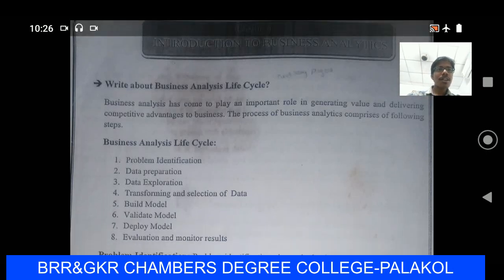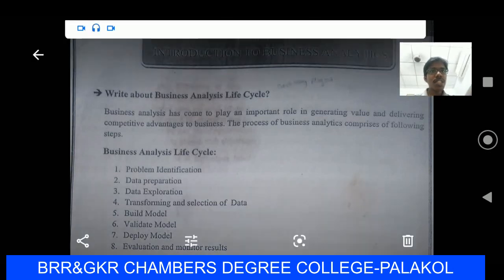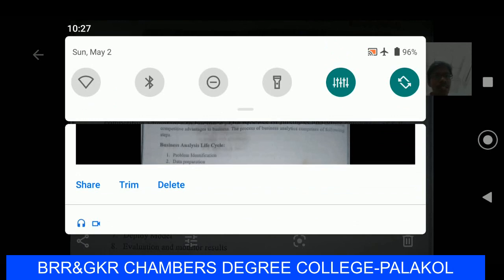Coming to the main objectives and how the continuous process can be carried out in business analytics, that is referred to as the business analytics life cycle. You have to see the major points.